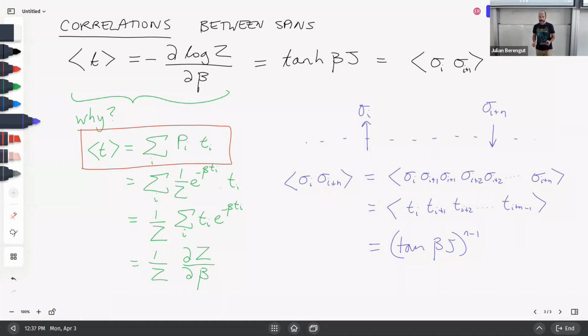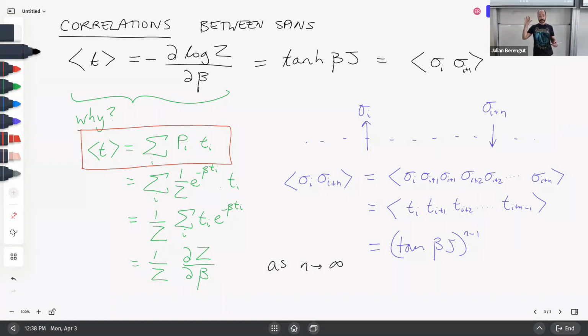So as n becomes large, there are lots and lots of correlations. Tan beta J is some number between minus 1 and plus 1.